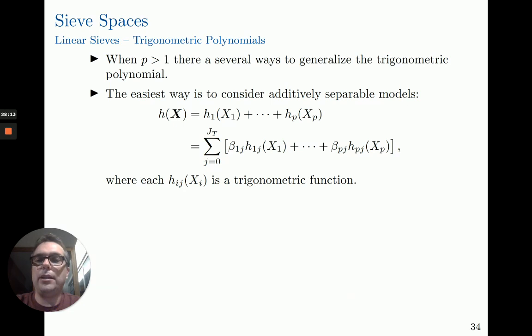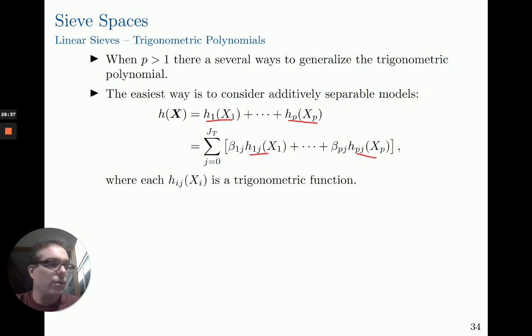Okay? When p is larger than 1, there are several ways to generalize trigonometric polynomials. The easiest way is to consider additive separable models. So instead of making a full nonlinear model of all the regressors, you have a nonlinear model of regressor 1 and a nonlinear model of regressor p, and we have these additive terms.